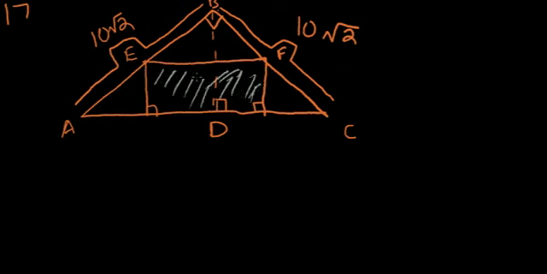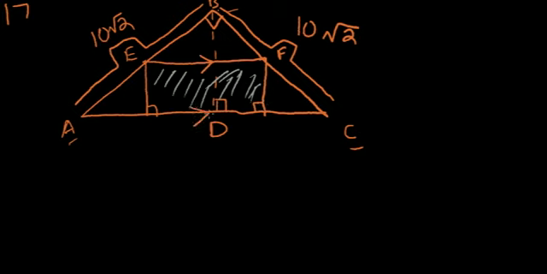This rectangle. Okay, so in right triangle ABC above, EF is parallel to AC. So this is actually EF. Oh, my bad. Here's EF. EF is parallel to AC.